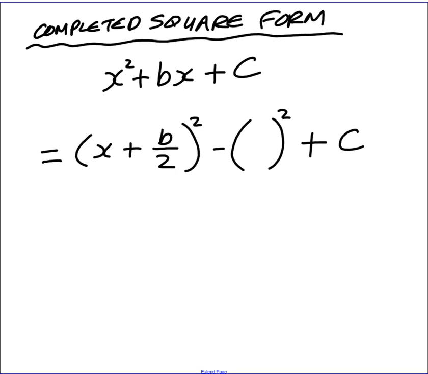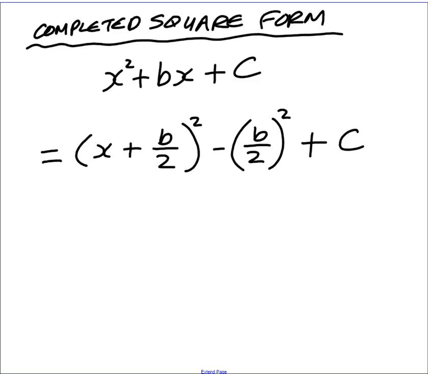Things aren't always obvious when you're learning, so just go with the flow. Next, see that b over 2? That gets popped into that smaller bracket at the end, and it's going to get squared.